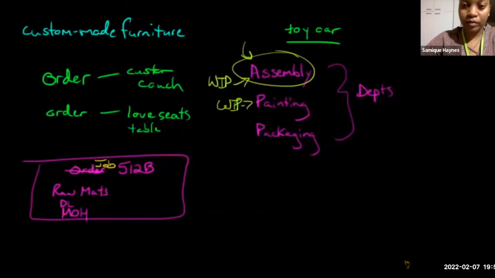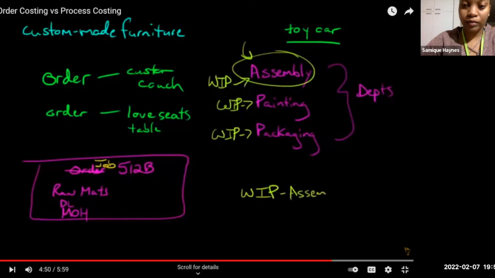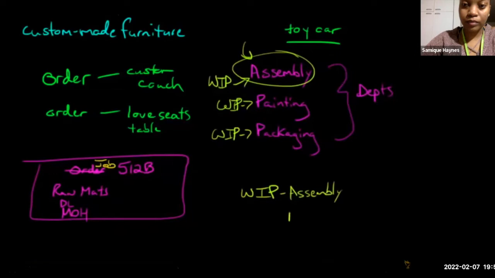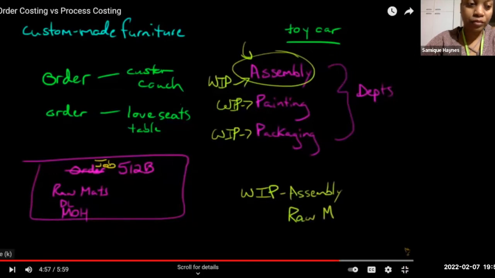And then we're going to have a work in process account just for packaging, right? So when we start assembling, we say, okay, we've assembled some materials here. We're going to debit WIP assembly, and then credit the raw materials or whatever it is we used.